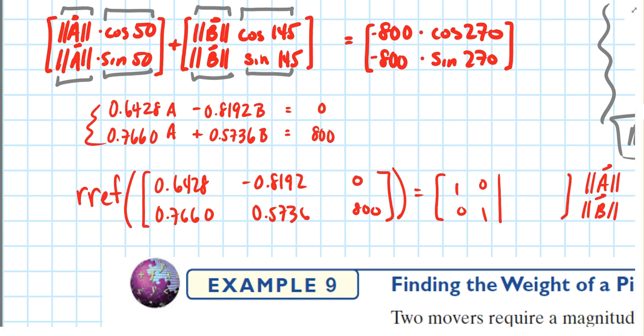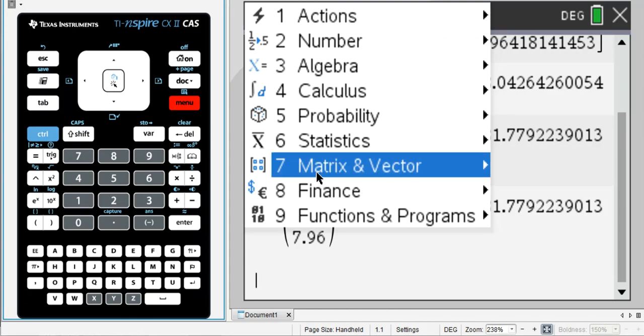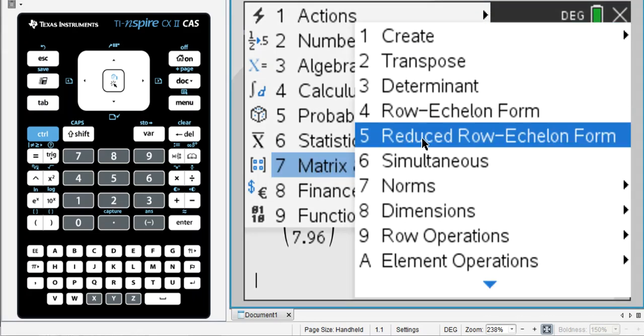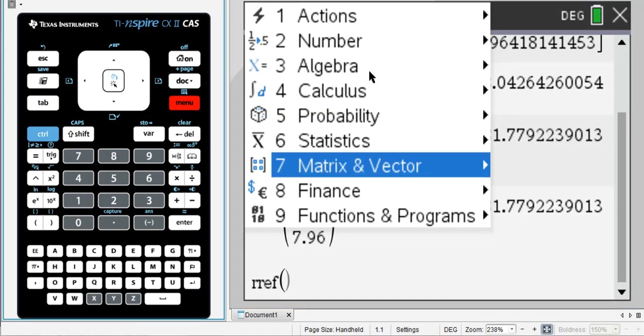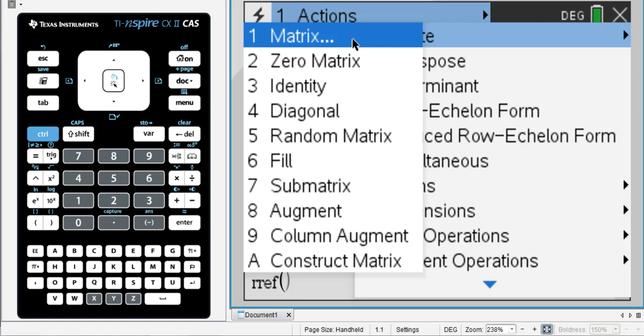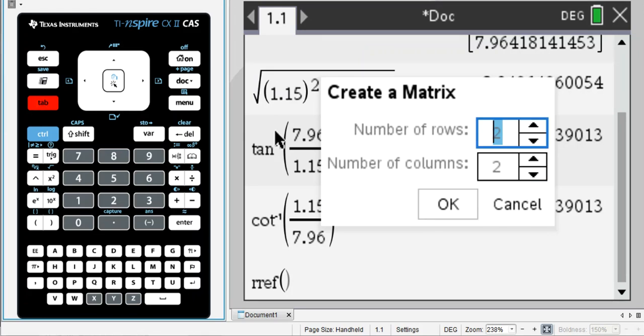So let's see what we get. Let's pull up that calculator on this screen now. We'll jump into the menu, choose number 7, and then 5, so menu 7, 5, and then immediately menu 7, 1, 1. We're going to create a matrix that has 2 rows and 3 columns.